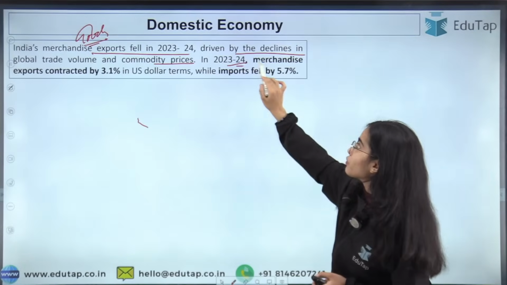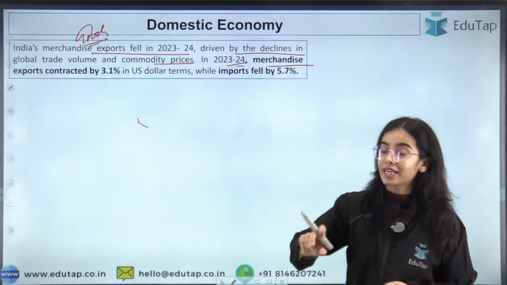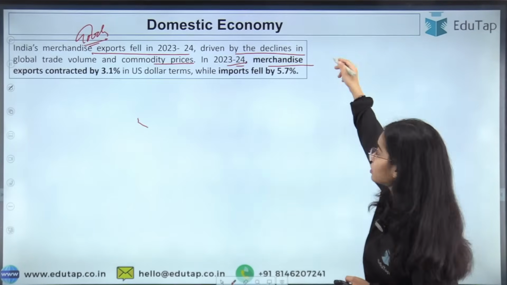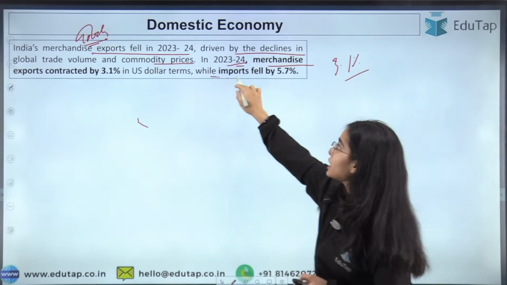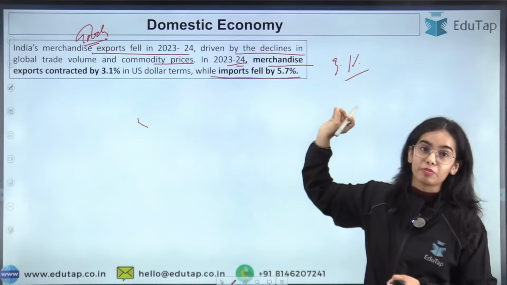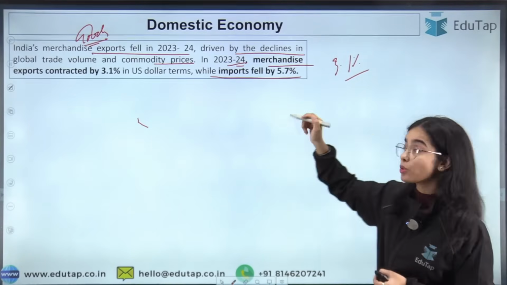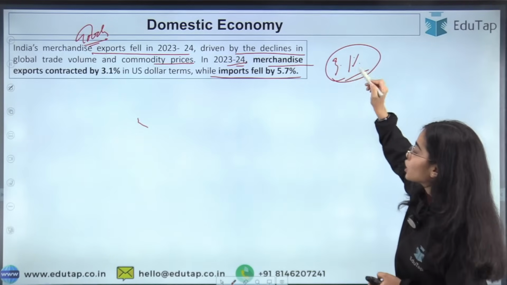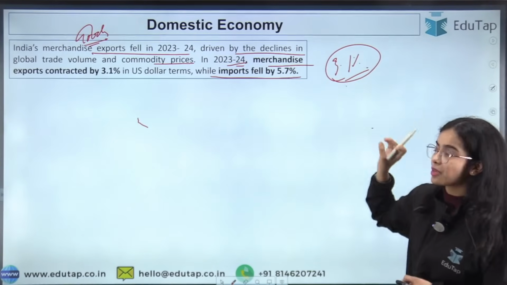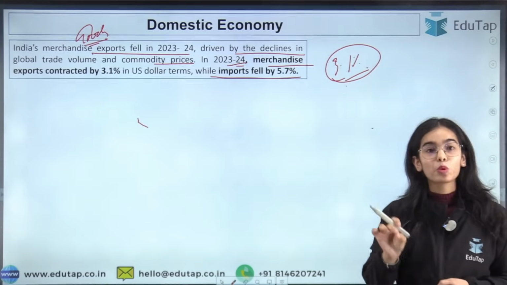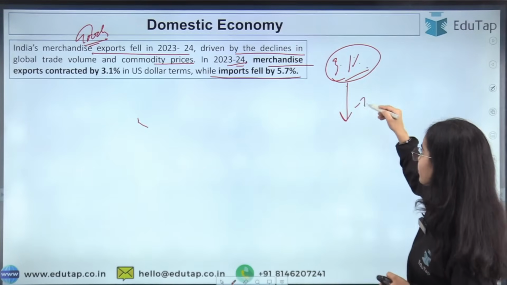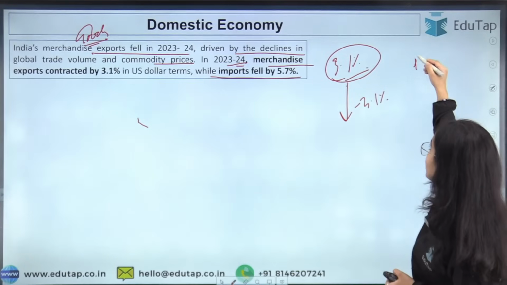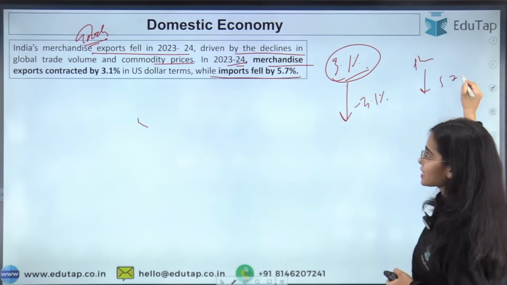In 2023-24, merchandise exports contracted by 3.1% in US dollar terms, while the imports fell by 5.7%. Here we are talking about the actual fall that has happened.